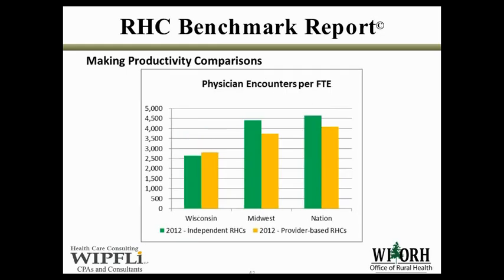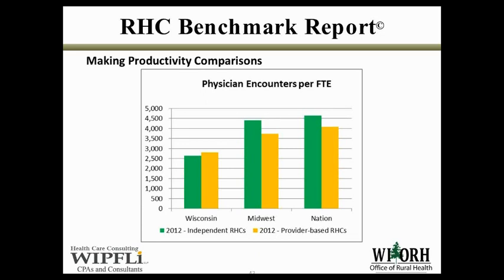The additional information available through cost reports shows, for example, productivity data, numbers of patients seen per physician as well as non-physician practitioners. Here we are presenting on slide 42 the comparative data for average number of patient encounters per full-time equivalent practitioner for both the independent as well as the provider-based rural health clinics on a state, on a regional basis, and on a national basis.